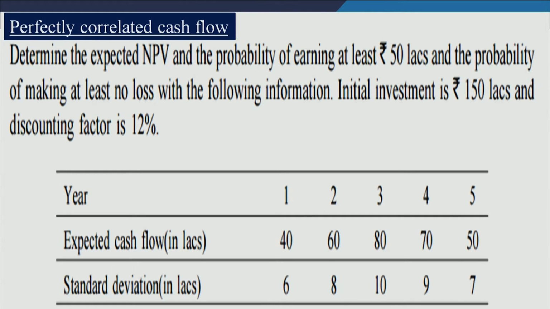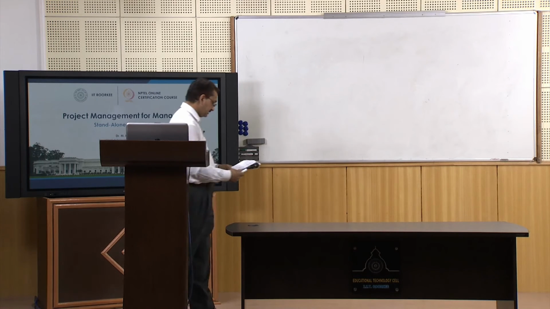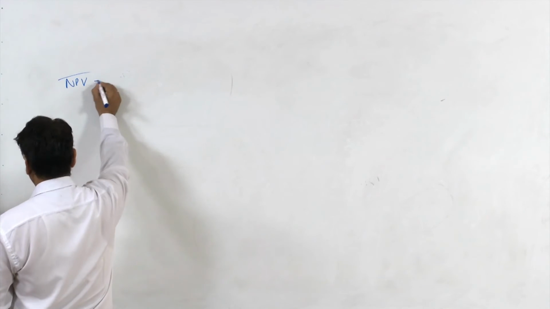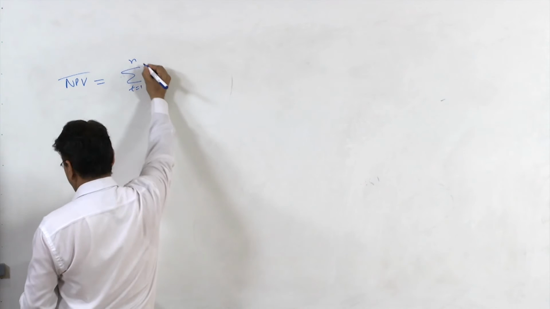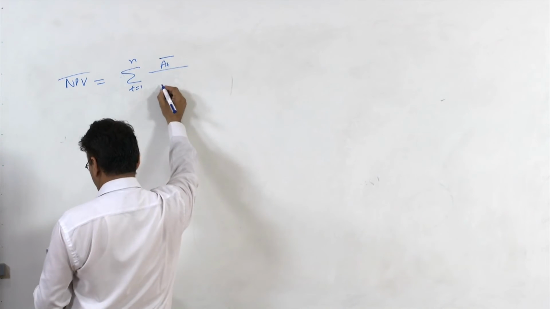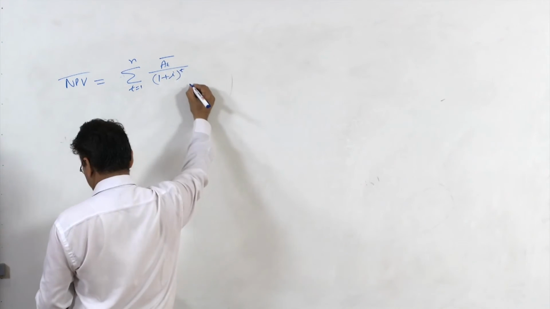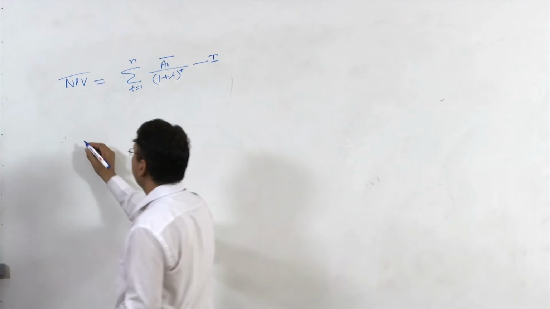So you need to apply the formula which I just wrote on board. You can again see that formula. So this is expected NPV is equal to summation of t ranging from 1 to n, expected cash flow over 1 plus I to the power t, minus initial investment, right. This is what we have calculated, right.